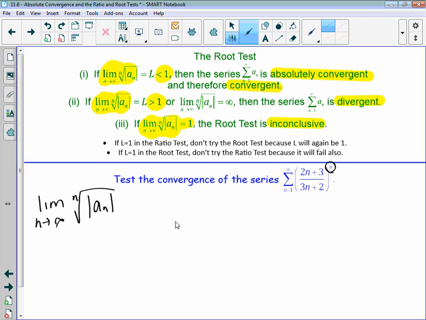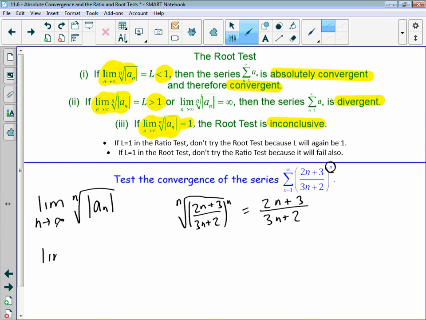Okay, so let's just do this part. If we do the nth root of (2n plus 3 over 3n plus 2) raised to the n power, that's going to turn into 2n plus 3 over 3n plus 2. And I don't really need absolute values because my n is going to go to infinity.